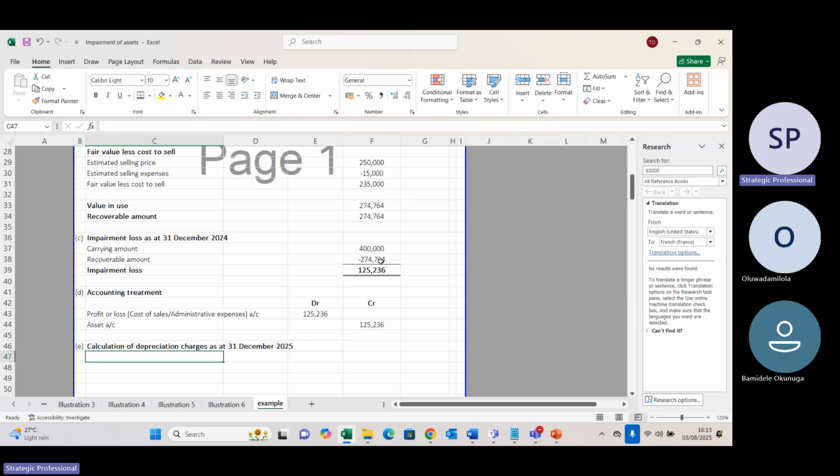Now, in this particular case, there's even a formula. The formula is your recoverable amount, to get the new depreciation going forward, minus the revised residual value, if any, divided by the revised remaining useful life.